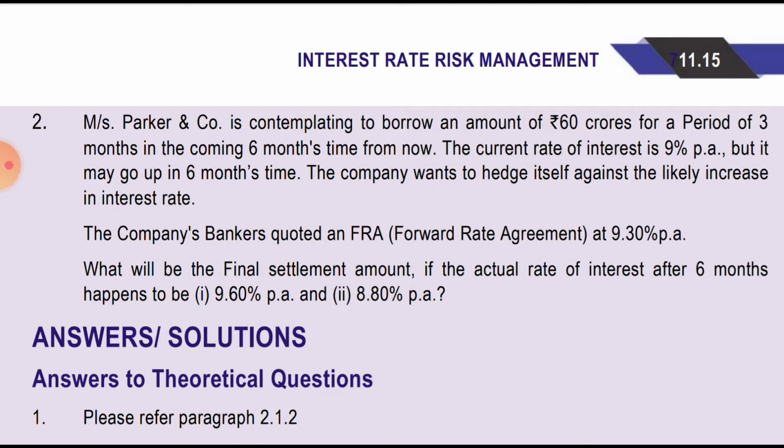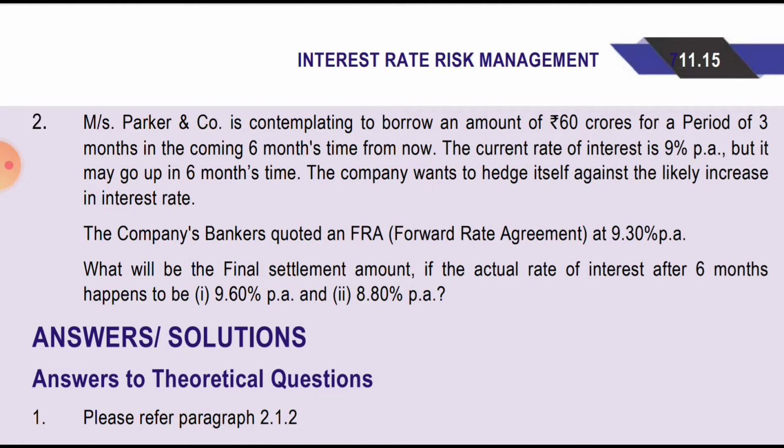If after calculating this figure we get a positive amount, then the bank will have to pay the settlement figure to Mr. Parker and company, basically to the client. In this question it is Mr. Parker and company.